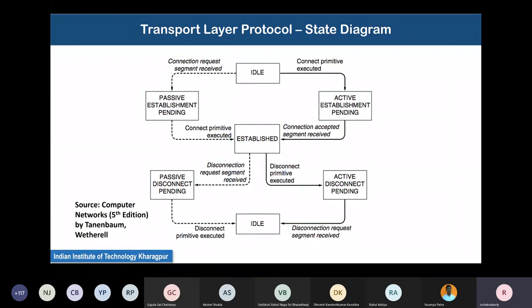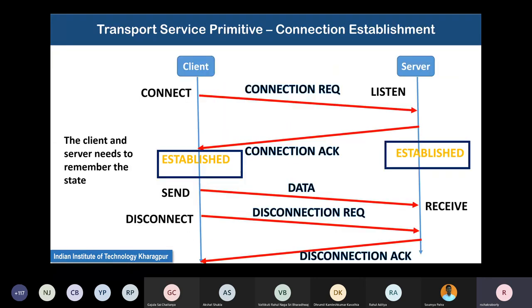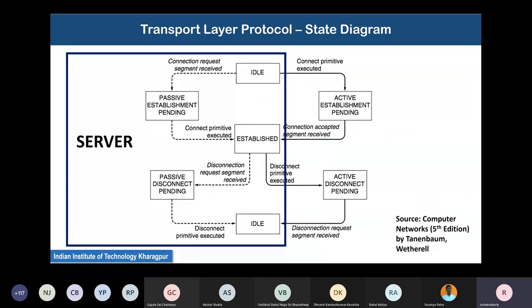If you study this, these two state diagrams are reasonably symmetric for both the parties, except that there is some passive part played by the server and some active part played by the client. In today's class, primarily, we will concentrate on this first connection establishment part, this part at the top of the diagram. How does this happen?